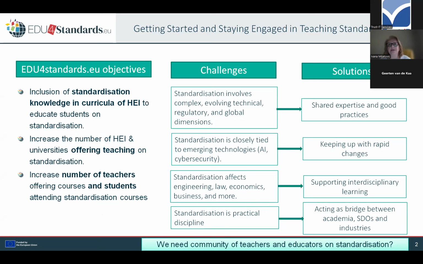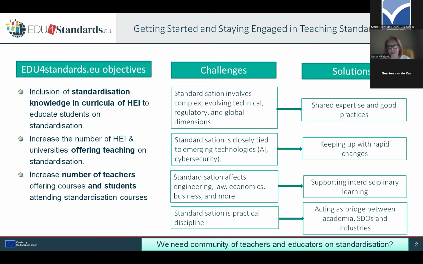In that context, teachers as individuals need to see how different teachers did that. Shared experience, shared expertise, and sharing good practice can be one solution to the growing complexity of problems that are being solved by standardization.